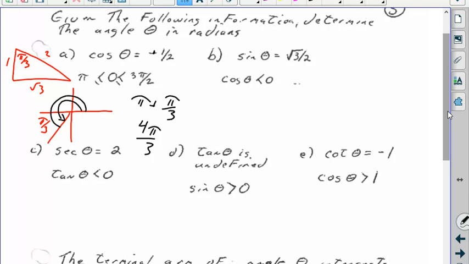Now, sine is equal to square root 3 over 2, and cosine is less than 0. That's what that stands for. So I'm asking you, in which quadrant is sine positive and cosine negative? So we're over here somewhere.